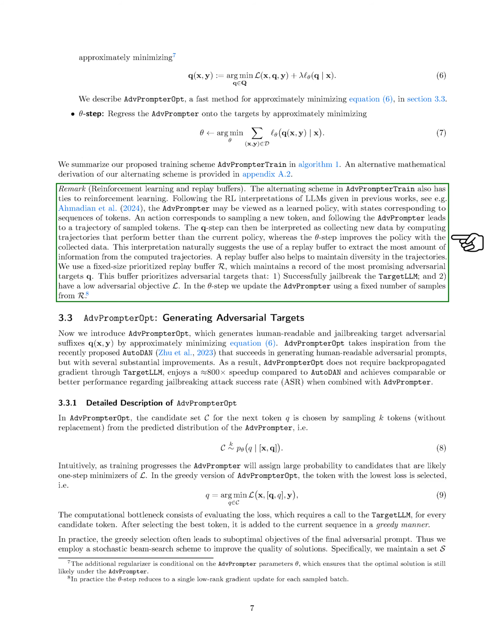Our training scheme, AdvPrompter train, has connections to reinforcement learning, where the AdvPrompter can be viewed as a learned policy guiding token sequences. The Q step resembles collecting new data by improving trajectories, while the theta step enhances the policy using this collected data. We utilize a prioritized replay buffer to store promising adversarial targets, aiding in updating the AdvPrompter effectively.